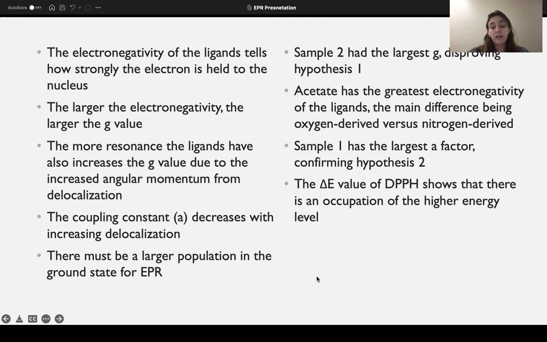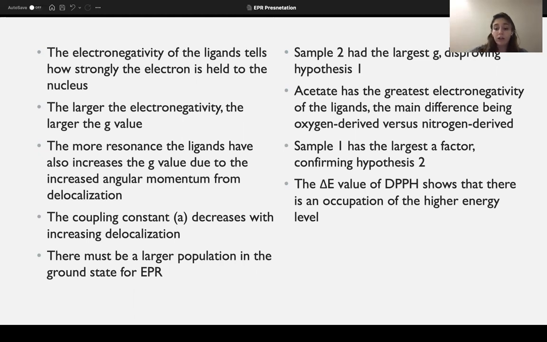But this can be attributed to sample 2's ligand, which was the acetates, because they have a larger electronegativity, because acetate is oxygen-based while the imidazoles were nitrogen-based. So oxygen obviously has a larger electronegativity than nitrogen. So this could be the reason that sample 2 had a larger g value.